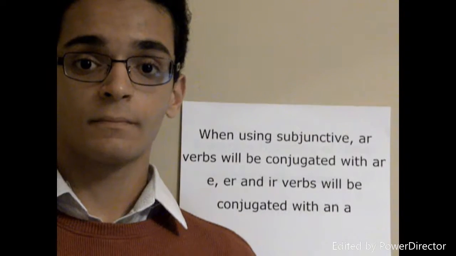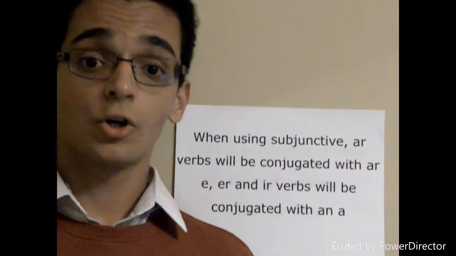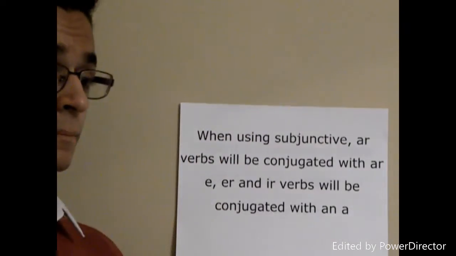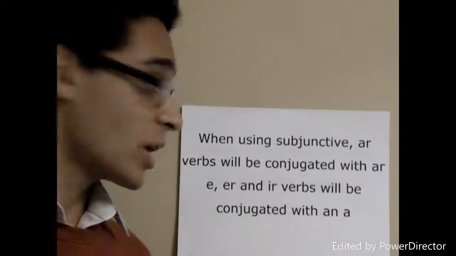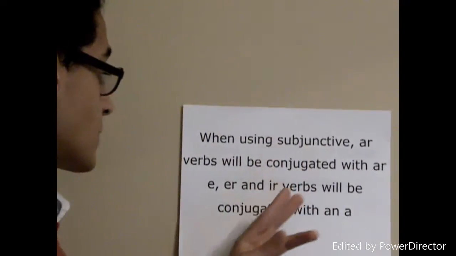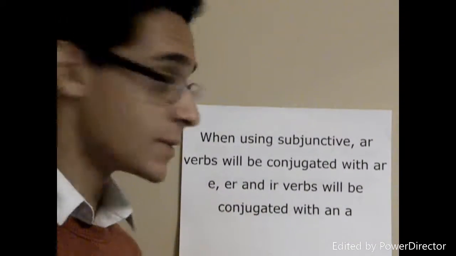Wait. You conjugated estar wrong. Should it be estás instead of estés? Good question, but the answer is no. When it comes to subjunctive, all verbs are going to have different conjugations.